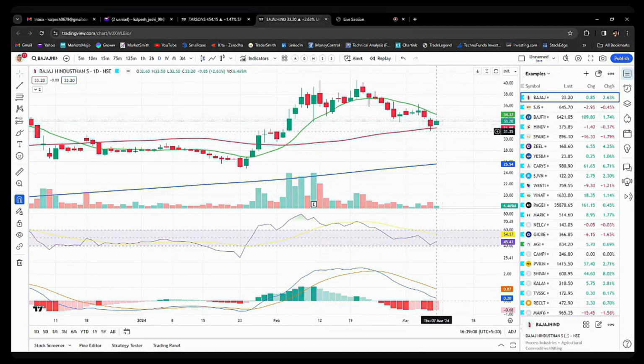So tomorrow what we need to see is whether the opening is higher than this, or the stock opens here and goes higher than this. Then probably we can make an entry with the stop loss at the low of this, or maybe the low of the moving average.